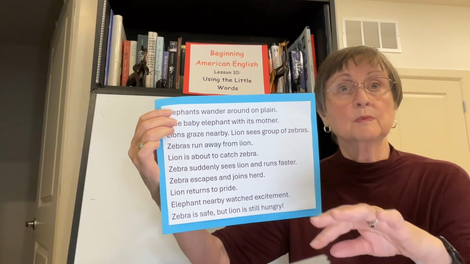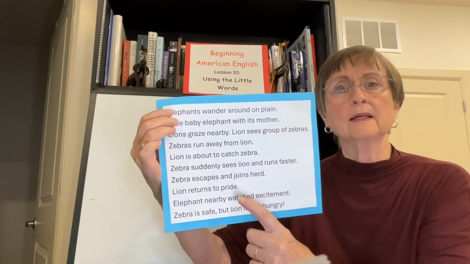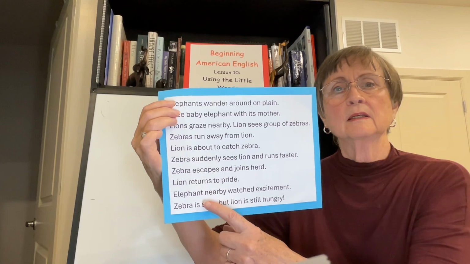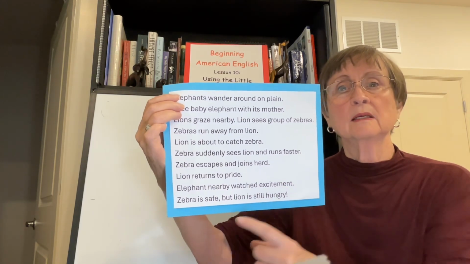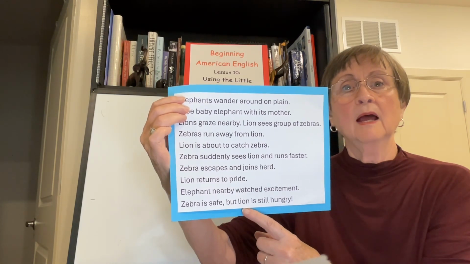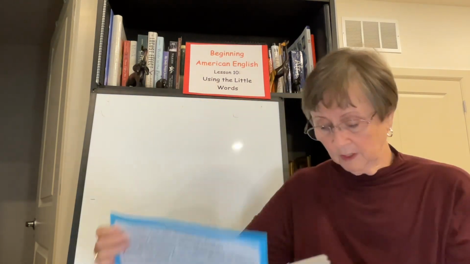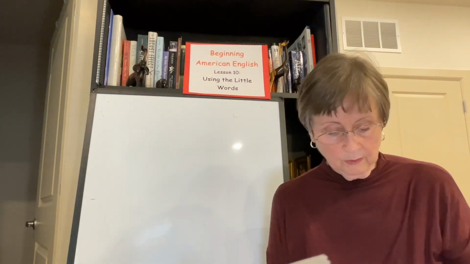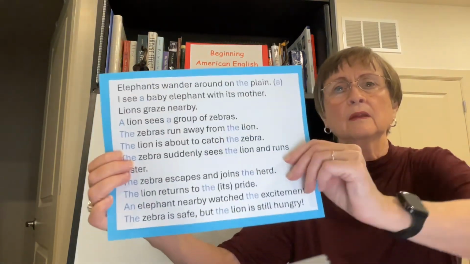If it's a family group, it's a big family group, and they live close together, so they're a pride. Elephant nearby watched excitement. Zebra is safe, but lion is still hungry. These need something.